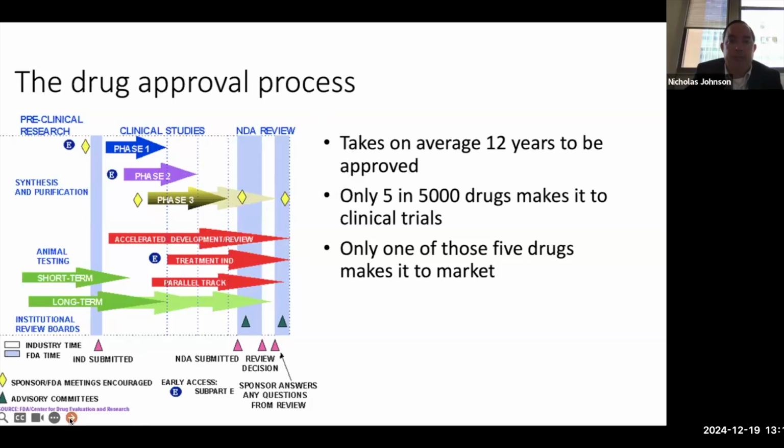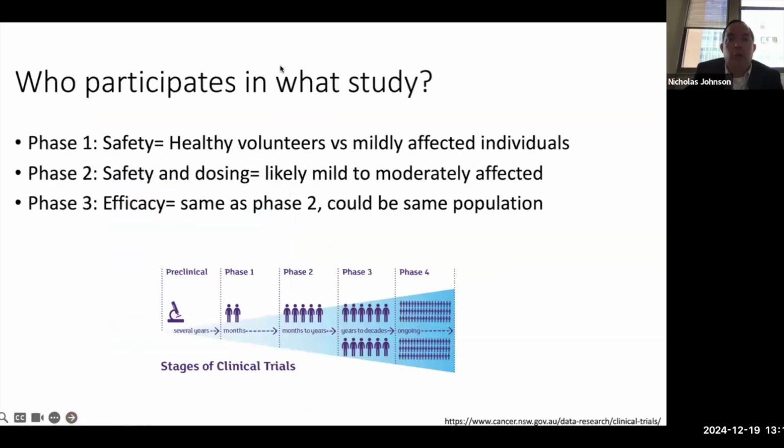So, all right. Who participates in what study? I get that question all of the time. This is the way of thinking about it. Phase 1 trials typically involve very few people, and they tend to be pretty mildly affected, because our first obligation to you is your safety and welfare.